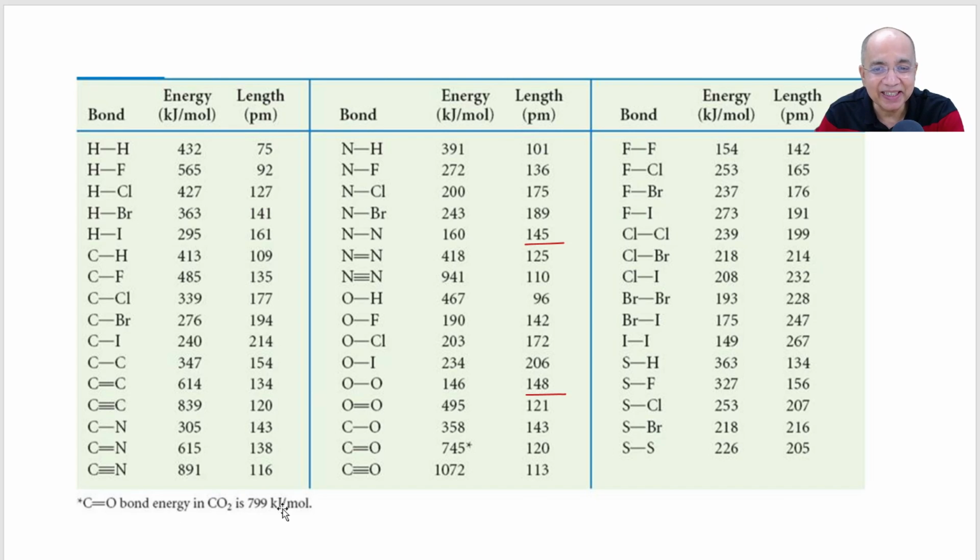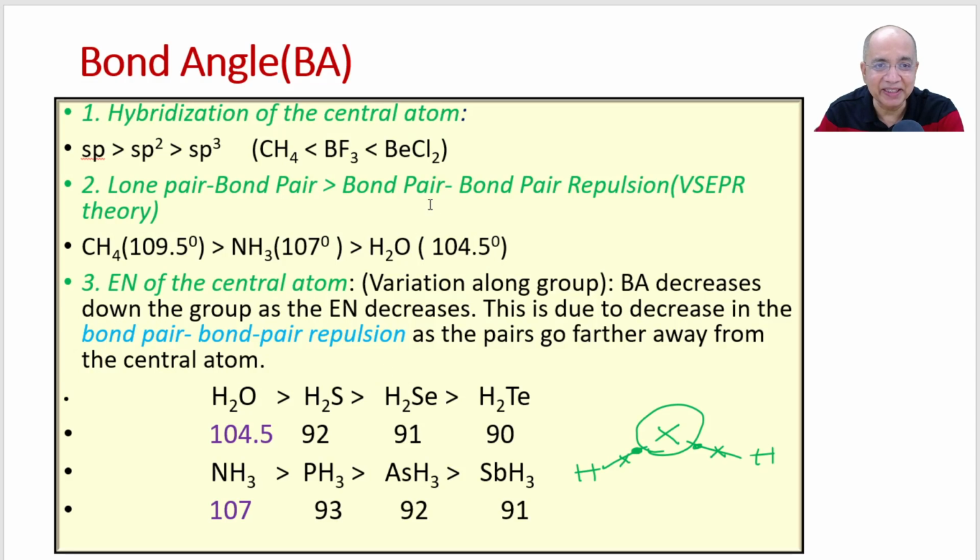Sorry again. And finally, bond angle, another few minutes. Bond angle depends on the hybridization. If hybridization is sp, like BeCl2, it is 180 degree. If it is sp2, 120. If it is sp3, 109 degree 28 minutes, approximately 109.5 degree.